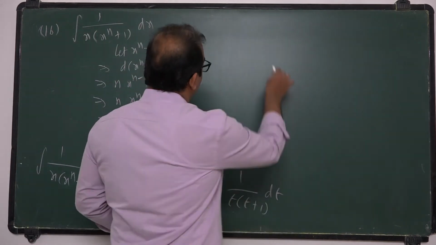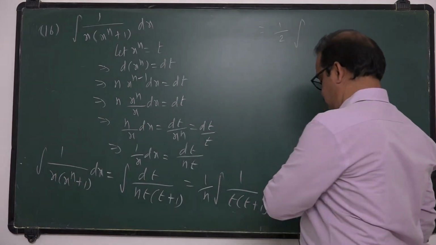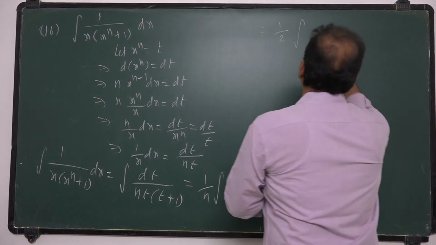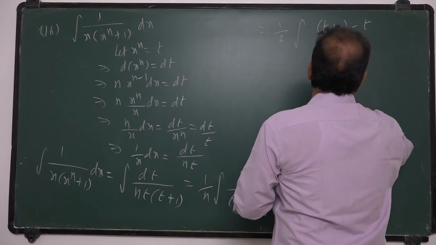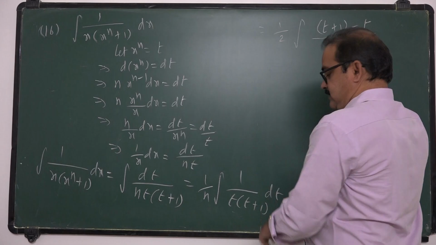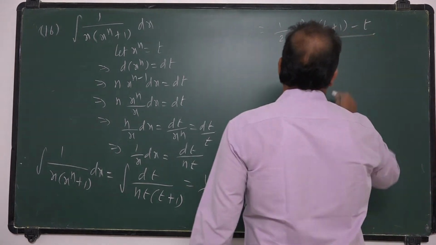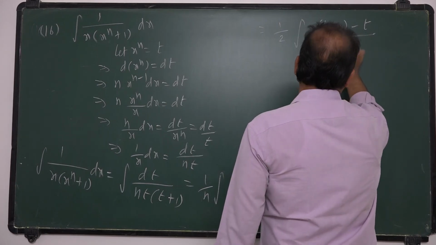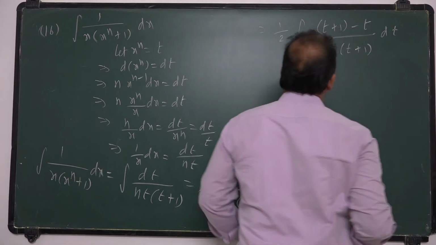Now here that numerator 1 is taken as t plus 1 minus t. 1 is taken as the combination of the terms in denominator by t into t plus 1 into dt.